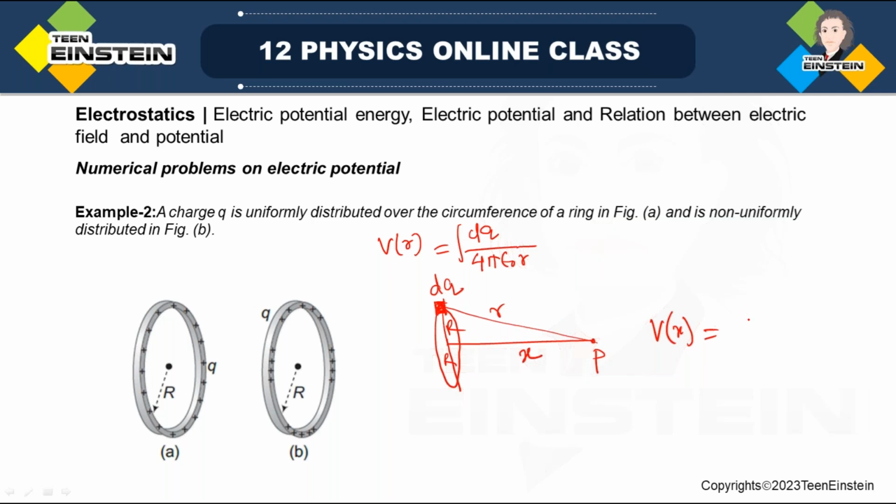In that case, you know what you have to do. You have to calculate dV, that is dq by 4 pi epsilon naught r. You have to calculate that first, and similarly we will have it for this part as well.